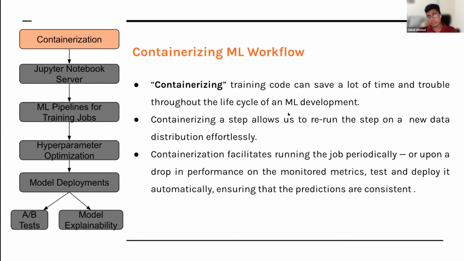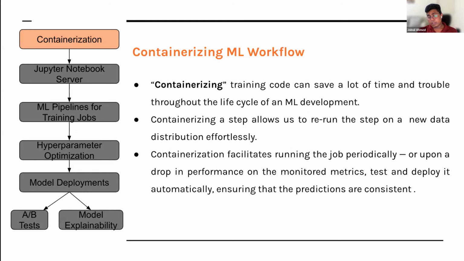So the first is containerizing the ML workflow. This should again always be adopted because containerizing the ML workflow makes sure that it can be run anywhere, and distributed. Let's say I made a job today, and a couple of months later I need to rerun it. It helps me, right?